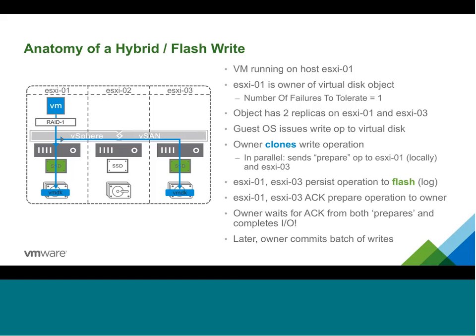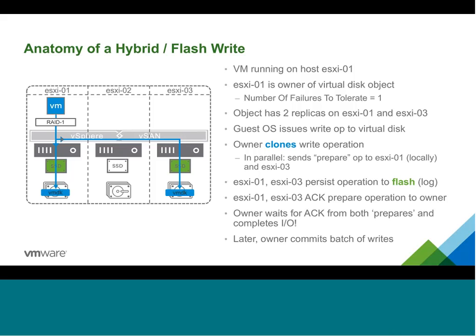The owner of the virtual machine, remember, whichever ESXi host is running that virtual machine is the owner. It clones the write operation and sends it in parallel to the local host and ESXi 3, or whichever two hosts the data is on.